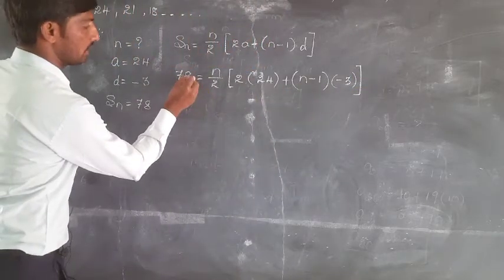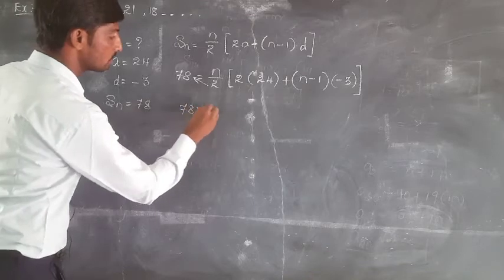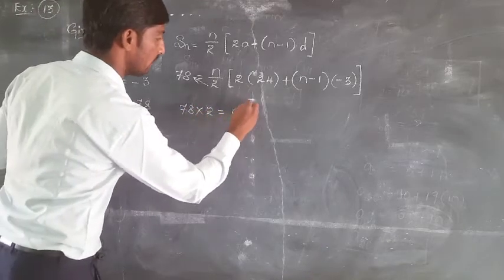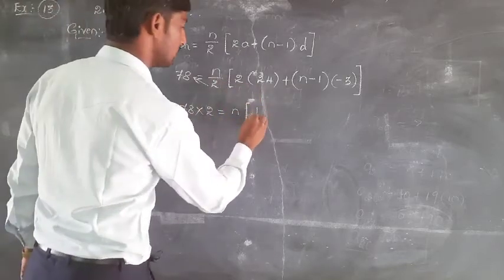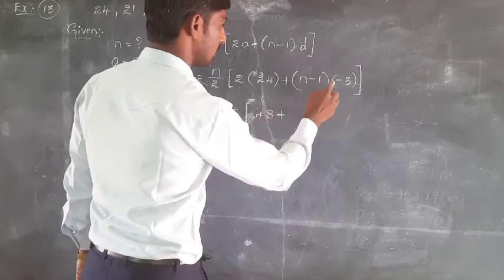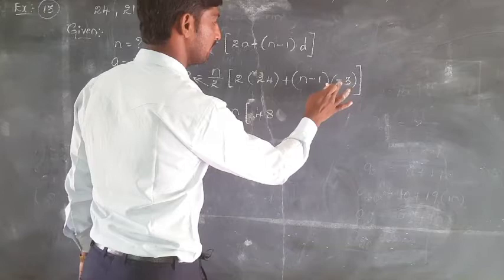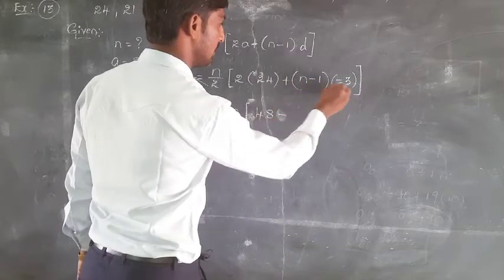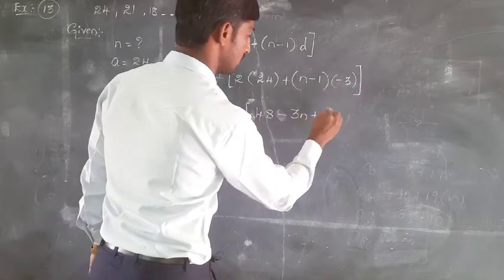Now according to cross multiplication, 78 into 2 is equal to n of 24 twos are, how much is it? 48 plus, just multiply with minus 3: minus into plus, minus 3 into n, 3n; minus into minus, plus 3 ones are 3.